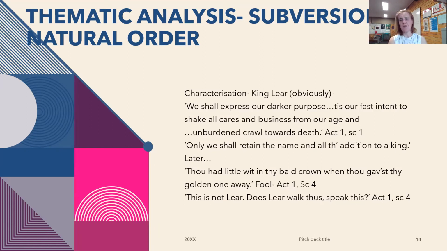And that is the start of his downward trajectory, which ultimately ends in his madness, because not only do we subvert the natural order of him in his authority as a king, but then in his authority as a father, and the daughters who cast him cruelly into the storm at the end of Act 2, and ultimately the subversion of him as a human being.